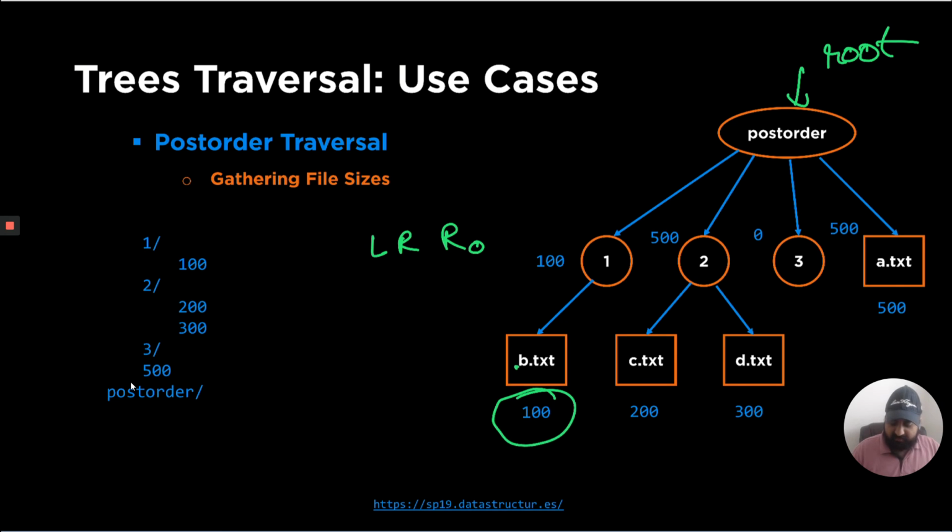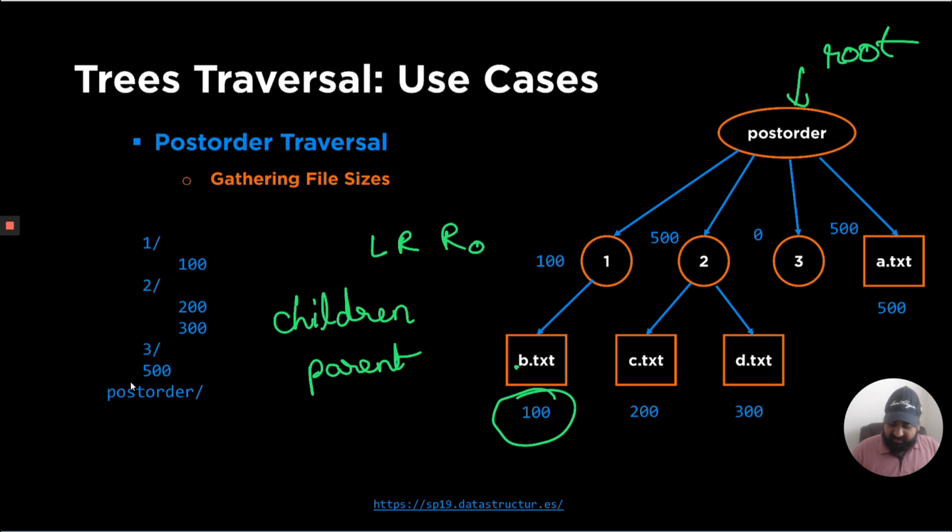Now this file has a file size of 100, and this is going to be returned back to the parent element, because you first traverse the children and then the parent. Since there is no right child, 100 will be returned back to the parent. That's how we calculate the sizes of different folders.